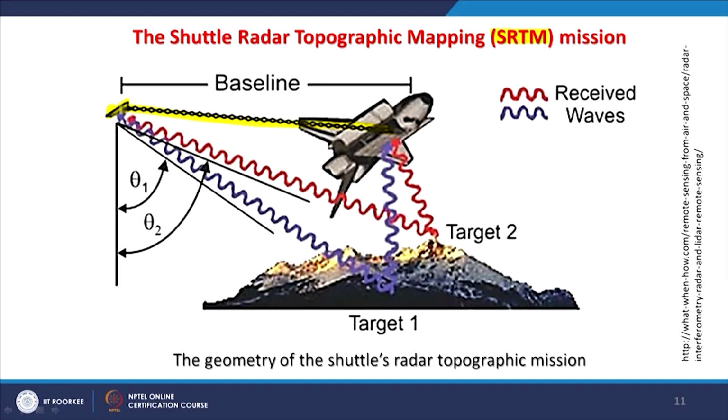There was an instrument here and an instrument here, and both were collecting the radar information at the same time with a fixed baseline, because the baseline was connected with a shaft with two instruments. So with a fixed baseline and two different angles, the same area was covered at the same time, and that allowed generating a digital elevation model for almost the entire globe in a relatively easy way compared to other techniques.